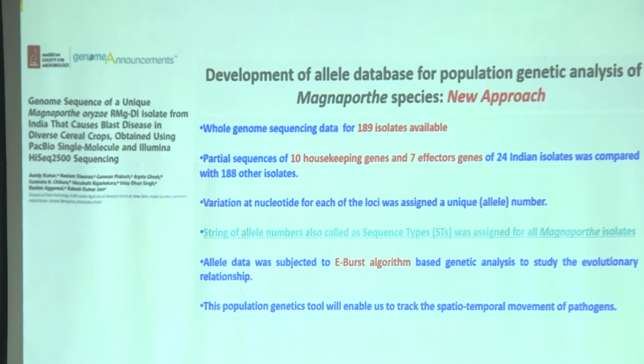So, a plant pathogen like Magnaporthe or Ralstonia, or Xanthomonas, you can do the same work. So, what you have to do? You get into the genome data and shortlist the potential housekeeping loci or housekeeping genes.